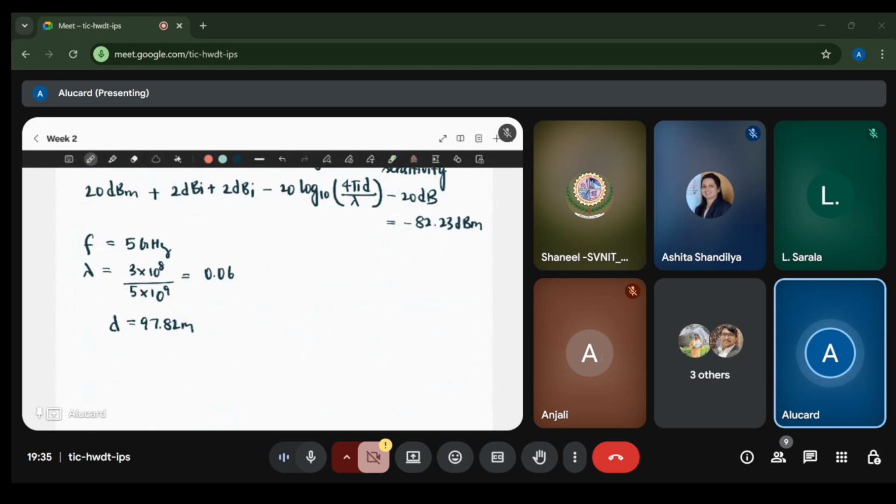No, there's no reason. Whichever is convenient, you can do. But finally, the answer has to be in whatever units are there in the options.